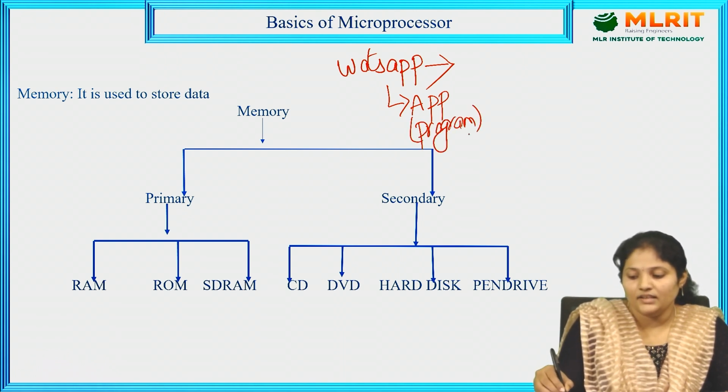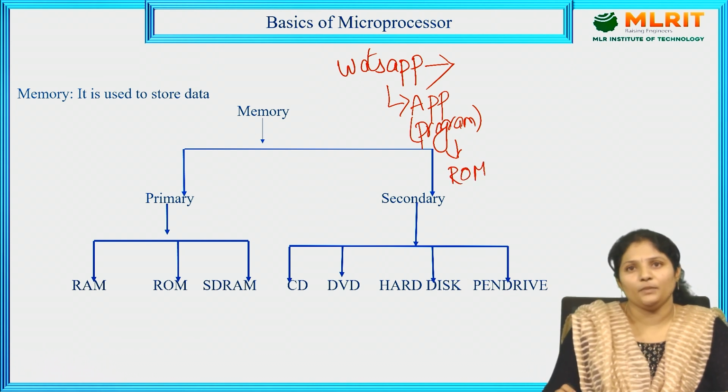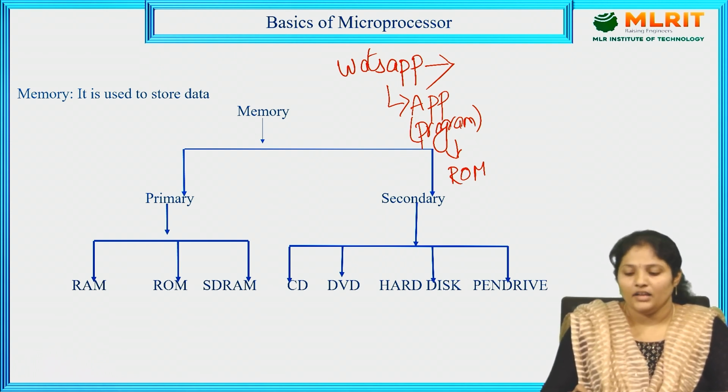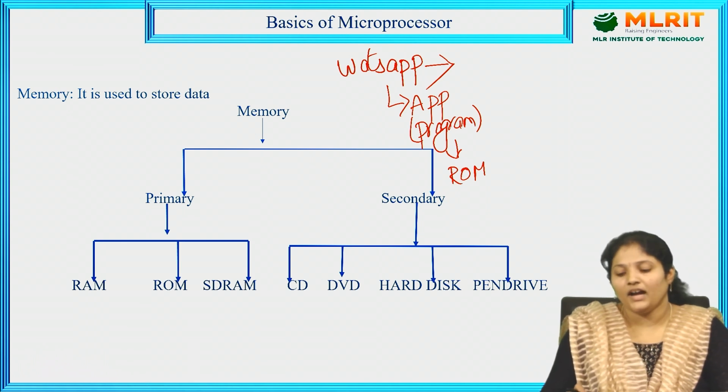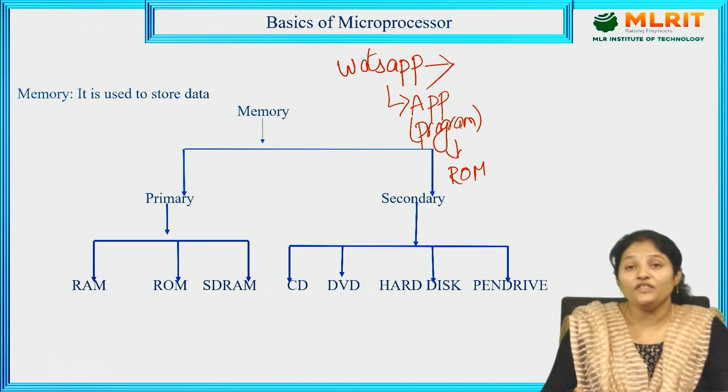So this will be stored in the ROM, read-only memory. That program will be stored in permanent memory, which means you can access the program but you can't change it. If we are using WhatsApp on our mobiles, are we able to change the program of WhatsApp? No, but we are able to change the data which we are sharing.